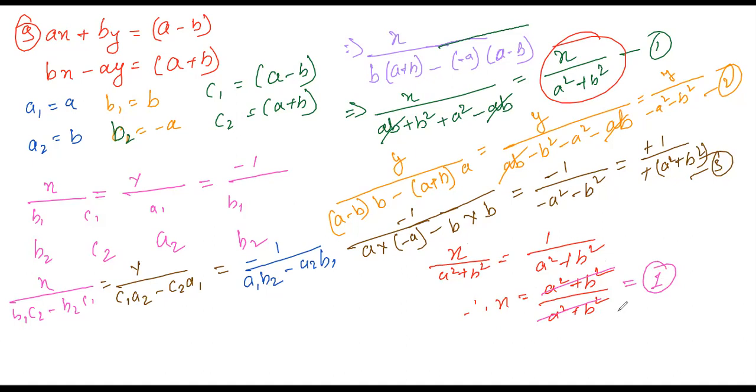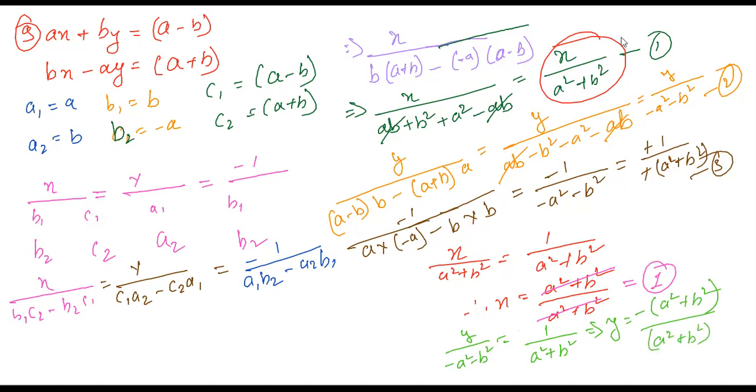Yes. Similarly, if you go for the second equation, y by minus a square minus b square equals 1 by a square plus b square. Then for further solving this one, y equals, take out minus as common. So it is a square plus b square by a square plus b square.